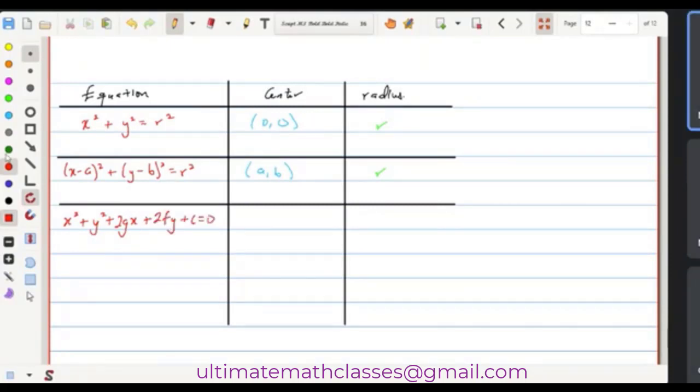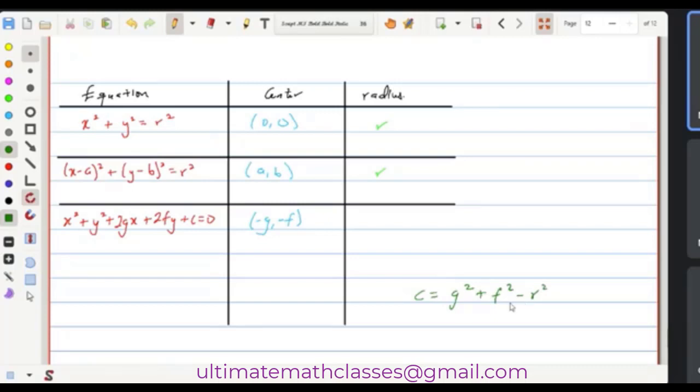In this case, the center of the circle is negative g, negative f. We did the substitution. And also, I did c equals g squared plus f squared minus r squared. Is that okay?